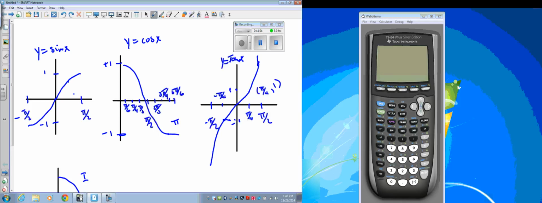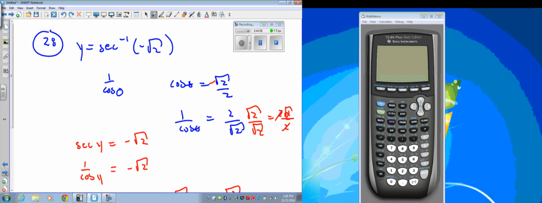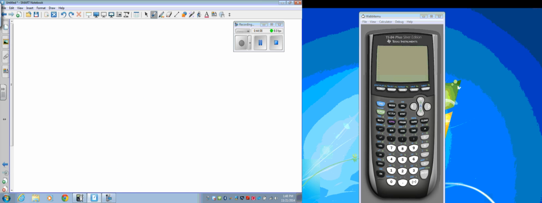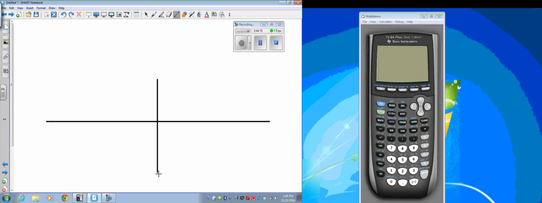But if I just take, for example, the sine function, and if we go pi over 2, pi, 3 pi over 2, and 2 pi, and we go back here the same way.